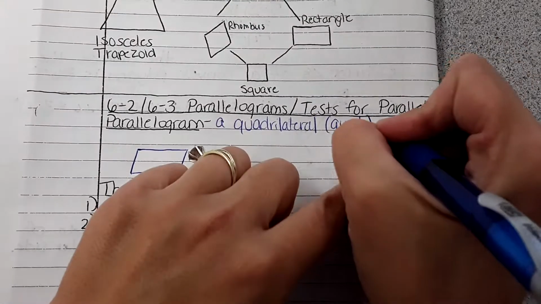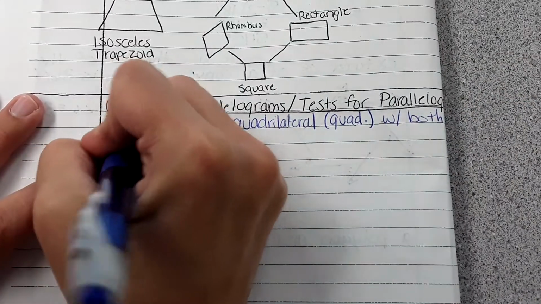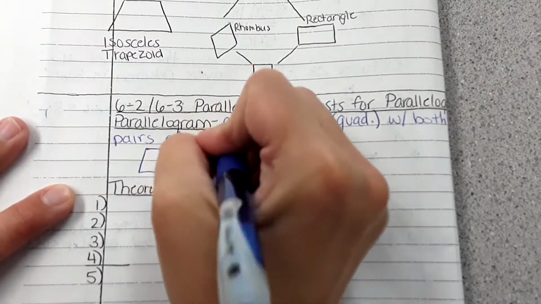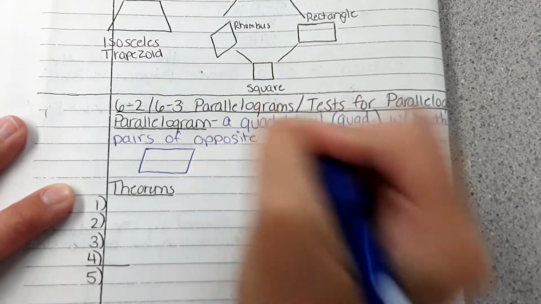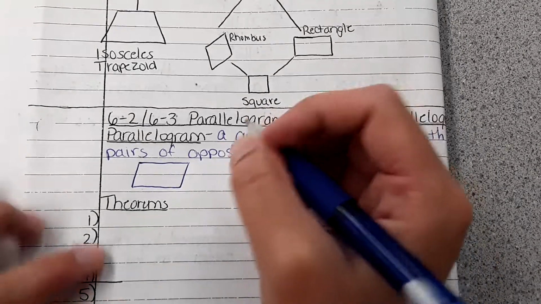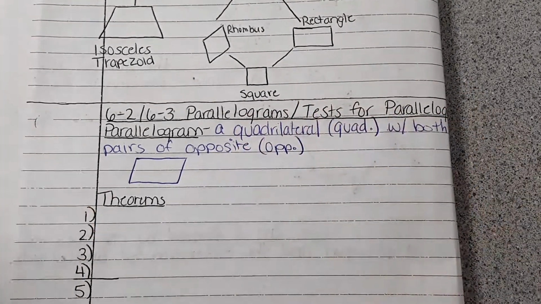Quadrilateral with both pairs of opposite. Opposite's another word that we're going to abbreviate as OPP, period.